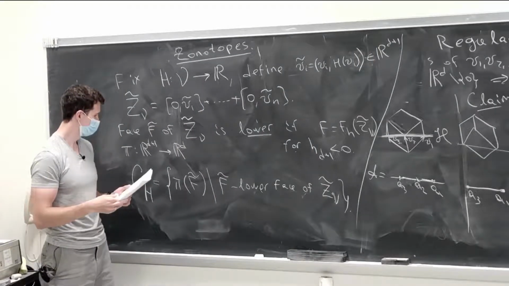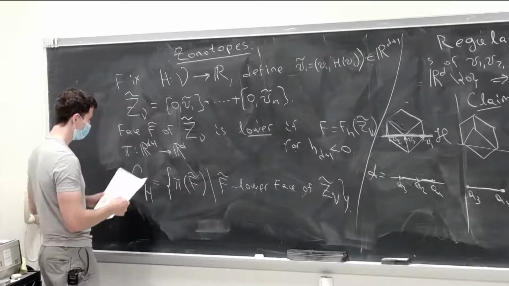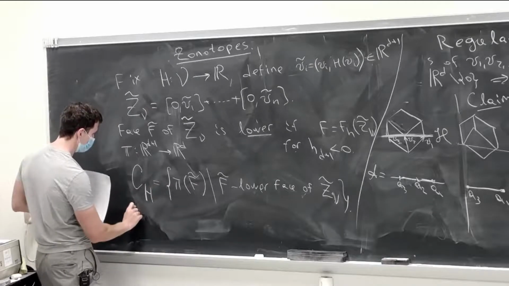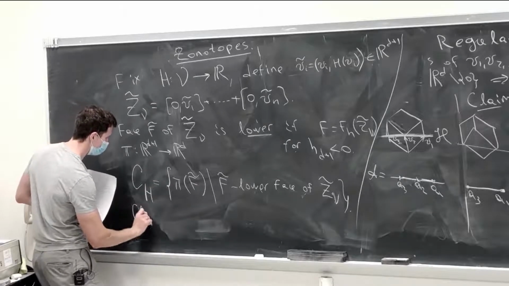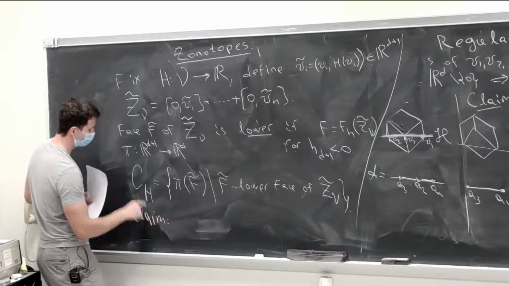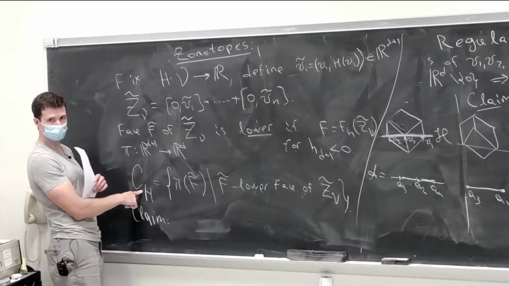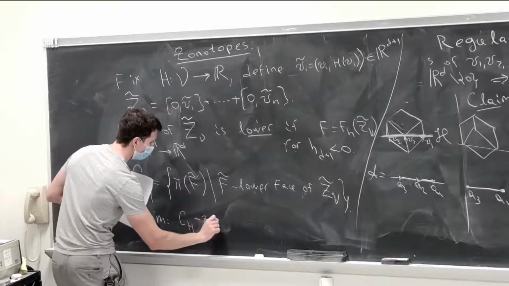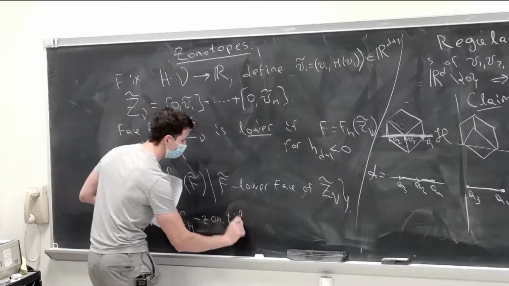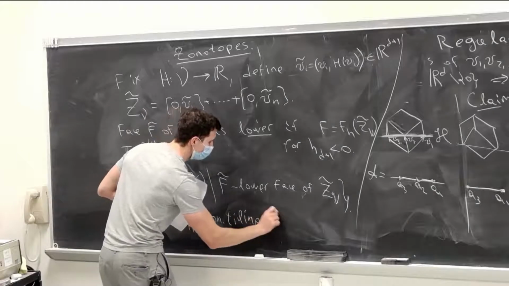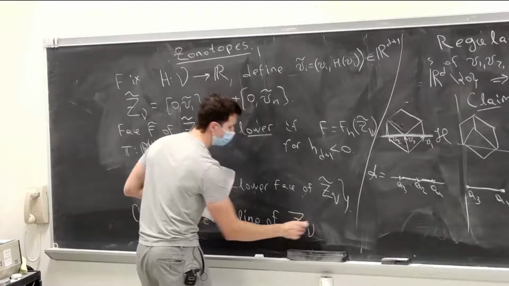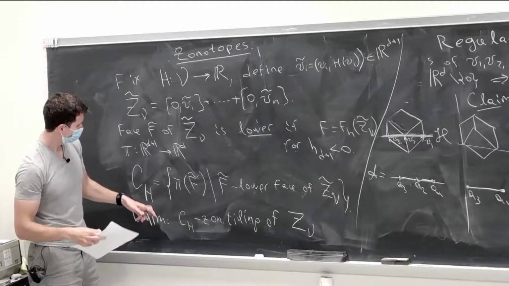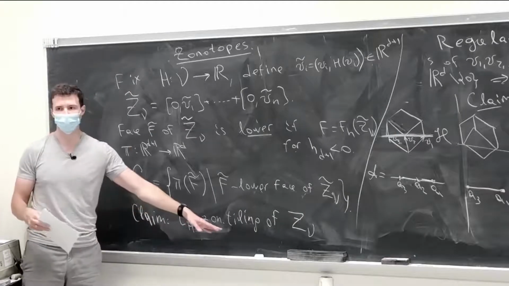And so the claim is that C_h is a zonotopal tiling of my original zonotope. And if h is generic, then this is a fine zonotopal tiling.